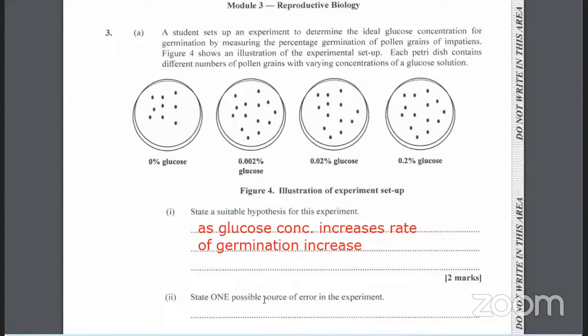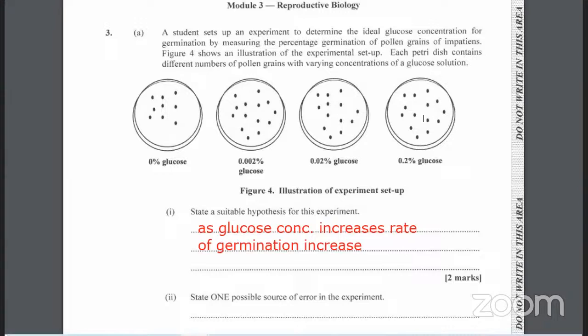All right, so state one possible source of error in the experiment. So if we say as glucose concentration increases, the rate of germination is increasing. The key, I was going to mention it, but since I've asked for the source of error, there can't be increasing glucose concentration and the number of pollen grains.